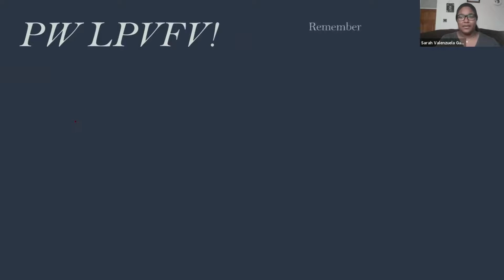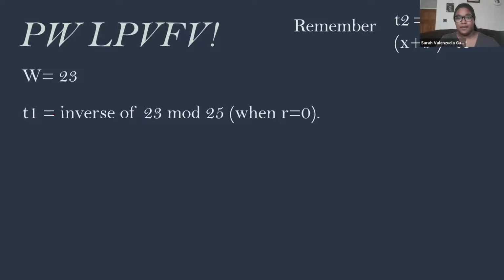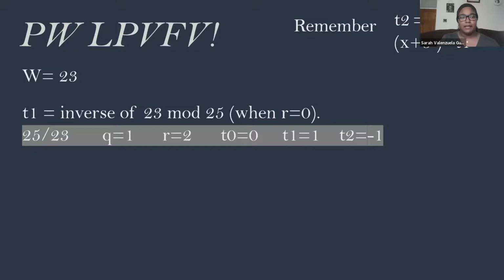Now, let's see what happens in this slide. We have our method, our little reminder, and we're going to calculate the inverse of 23 in modulus 25. We will have our first line, our A, our B, this quotient, remainder, the first row values of T0, T1, and T2.